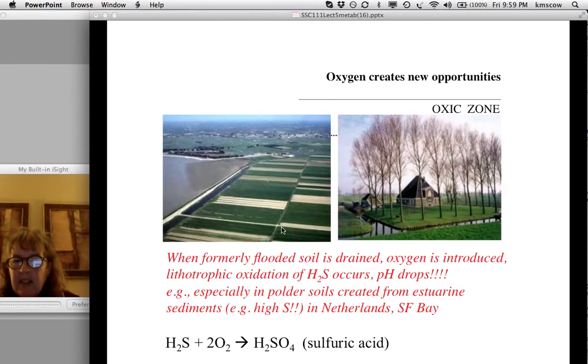But what happens is that you have, especially along the seashore, along the estuarine areas, or just at the interface of the ocean and land, there's a lot of sulfur in those systems, a lot of sulfur in seawater.